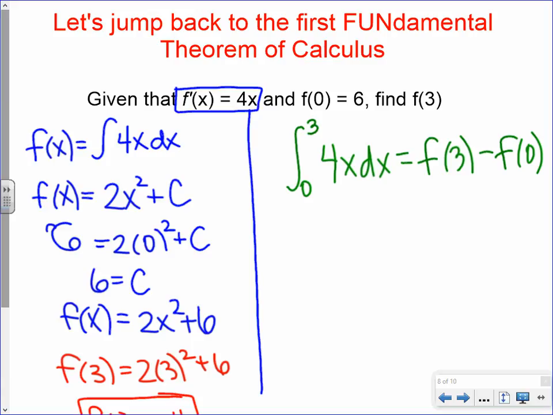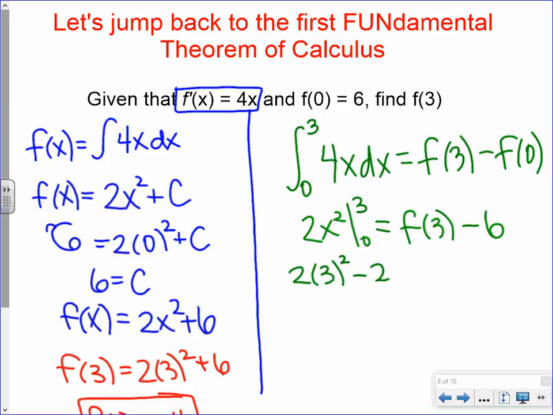Okay, so now all we have to do is evaluate this integral. So we have 2x squared evaluated from 0 to 3 equals f of 3 minus, we know f of 0 is 6. So we can evaluate our integral.